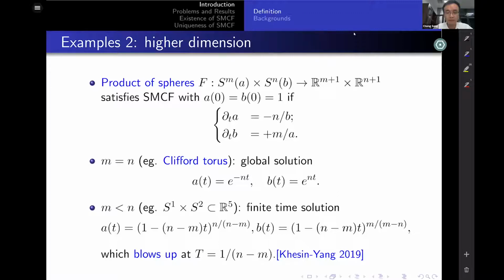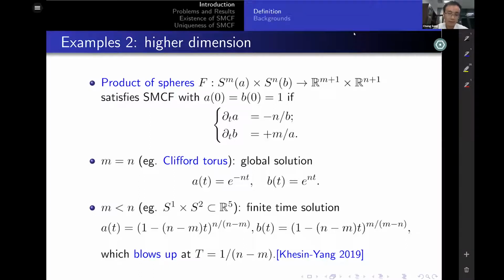Suppose we have a product of spheres of dimension m and dimension n, which are embedded in R^{m+1} and R^{n+1} respectively. Then you can run the flow, and as a result, the product structure will be preserved. The only thing that evolves along the flow is the radius of the spheres. And we have a very simple equation for the evolution.